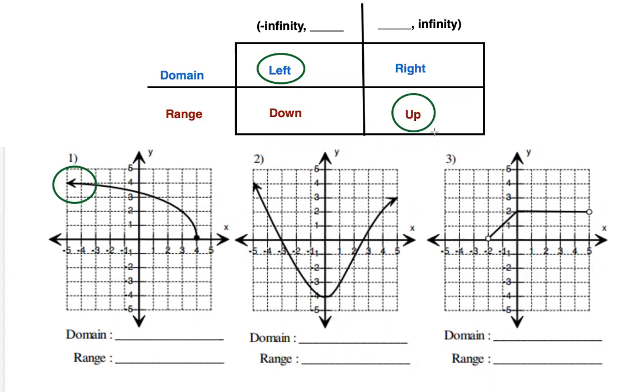If you said neither, your answer is going to vary a little bit from mine, but I'm going to say it's going left and up. So what this means is because left is under negative infinity, my domain is going to be negative infinity, something. And because up is under positive infinity, I'm going to have positive infinity there.